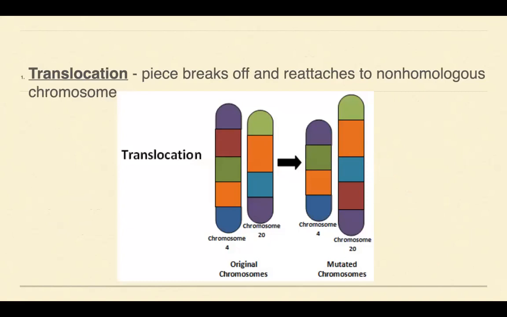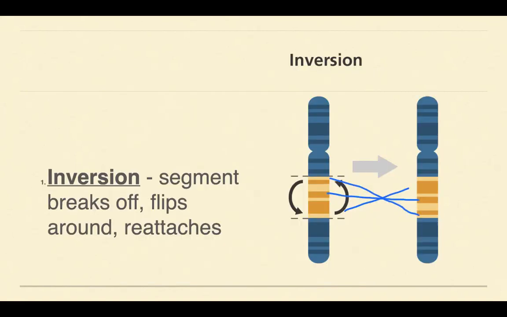Translocation is where a piece breaks off and reattaches to a non-homologous chromosome. So normally during crossing over, like with inversion, you would have chromosome number 4, and let's say when it goes to crossing over, you've got the homolog. So I'll just call it 4'.